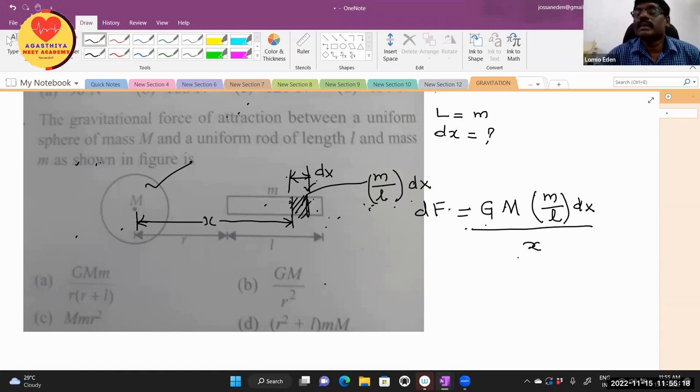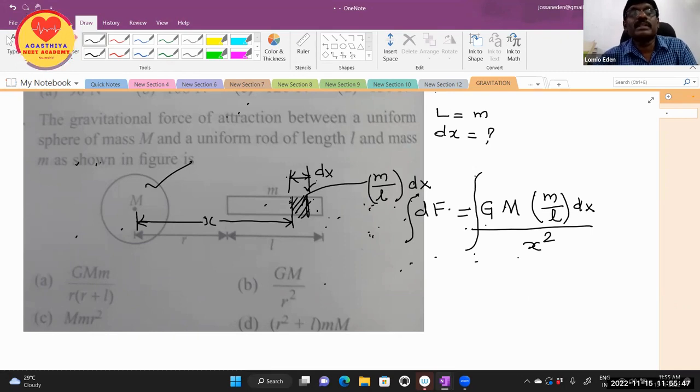It is x. Therefore, as per the formula, it becomes x squared. This is the governing formula between the mass and the elementary mass in the rod. When you integrate this equation, you will get the total gravitational force between the sphere and the uniform rod.